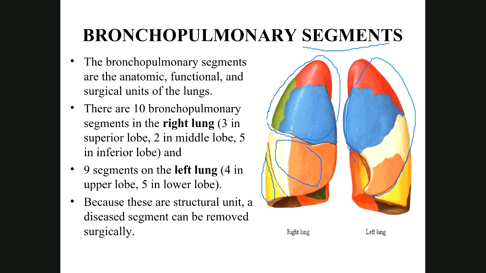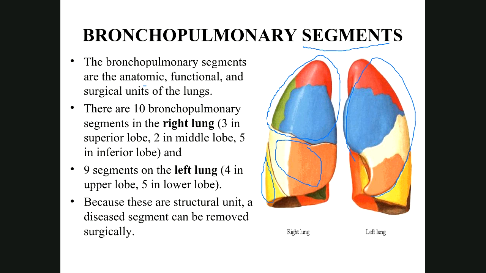Bronchopulmonary segments are anatomical. So how many lobes are there in the right lung? There are three lobes.